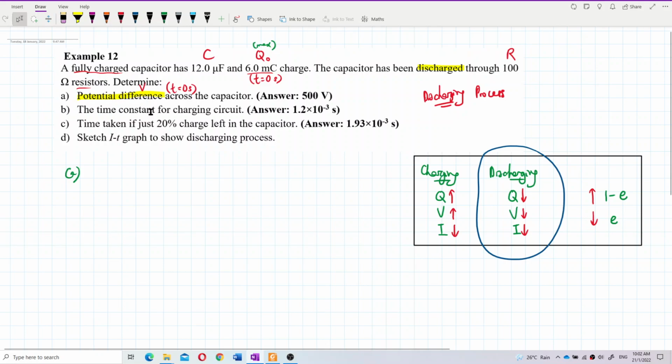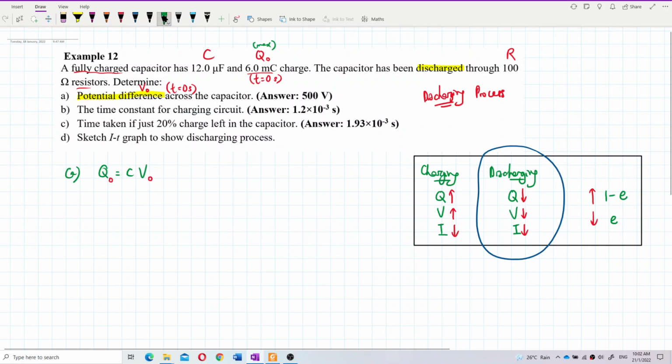So how to find the voltage? Very simple, use the formula Q equals CV. But this is the maximum charge, so you will have the maximum voltage, V naught. So maximum charge means maximum voltage.